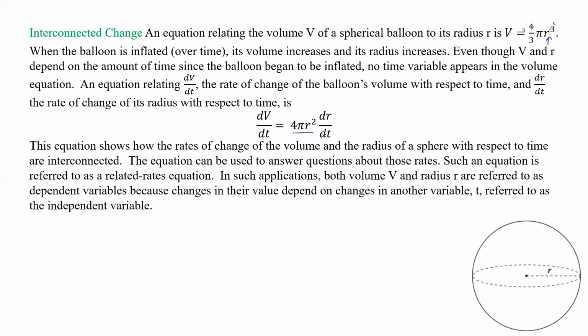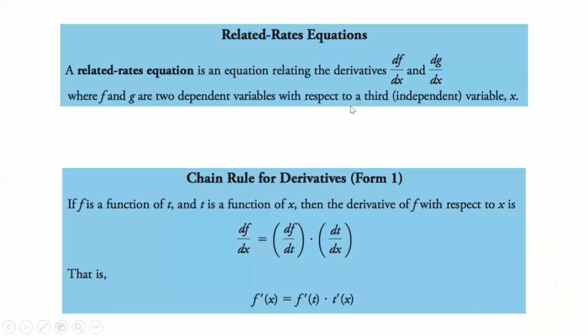Okay, so that's how we're getting the time involved, because it's going to change that volume with respect to time, and change that radius with respect to time. So this is going to be a rate, and this is the equation that's left over from our original equation.